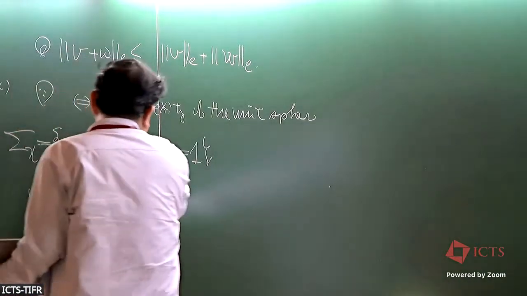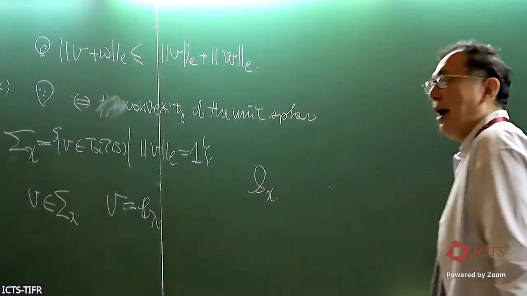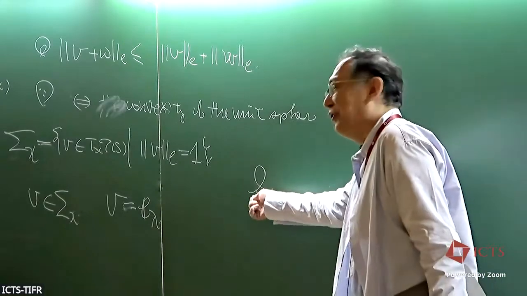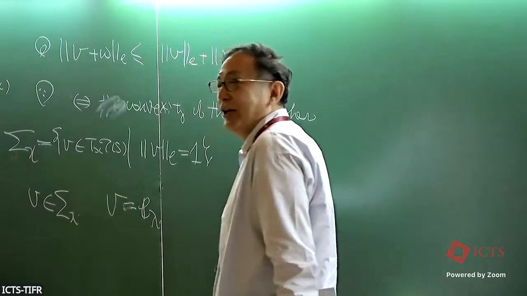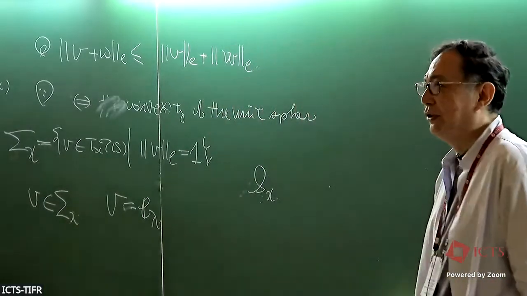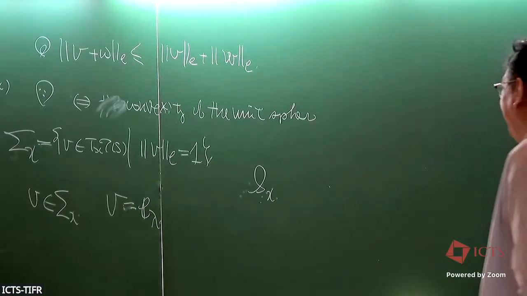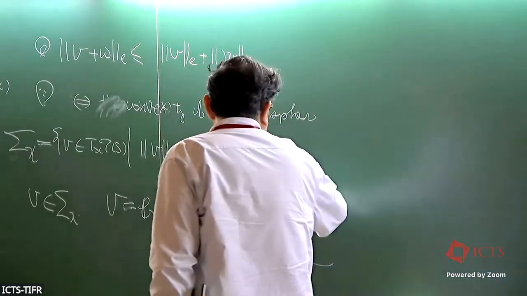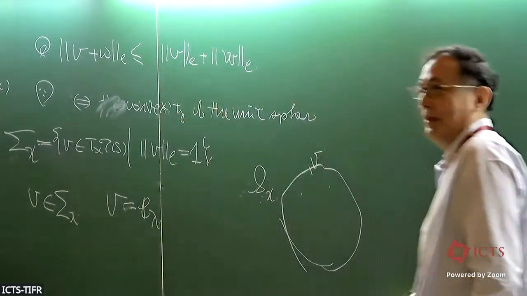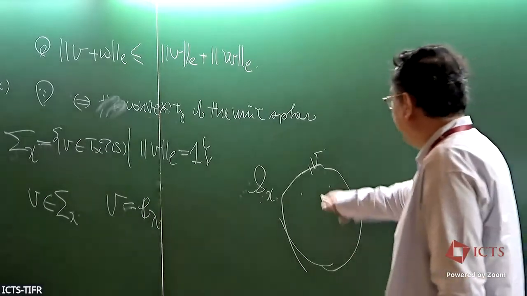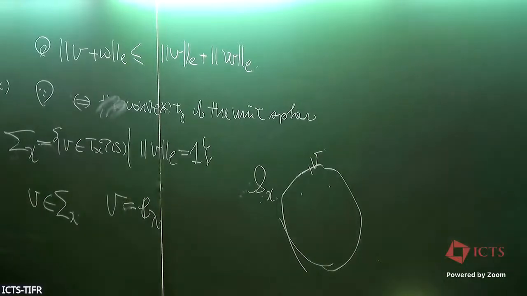Now let me remind you of the unit sphere with respect to the Thurston norm, which I talked about last week. This is different from that. Here you have some vector V, and the dual of that was the projective measured lamination space.